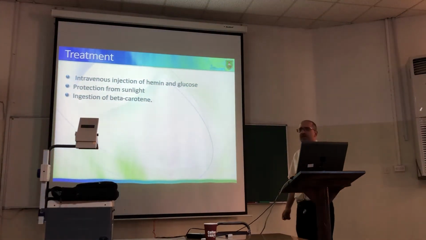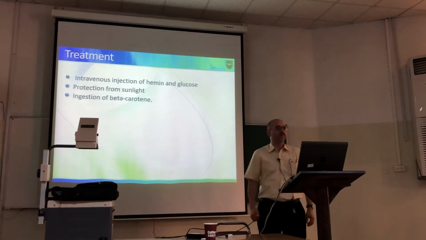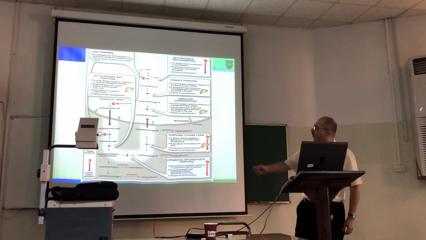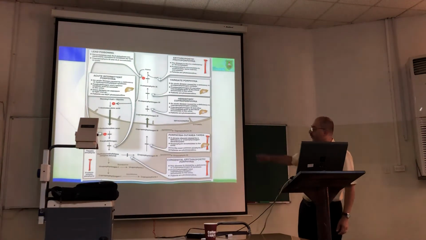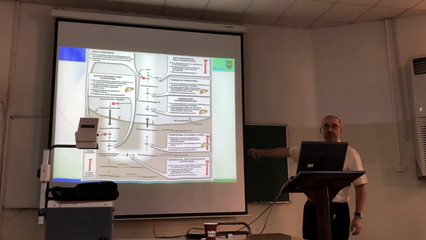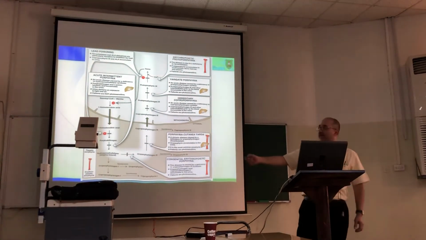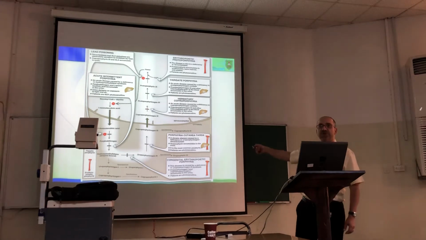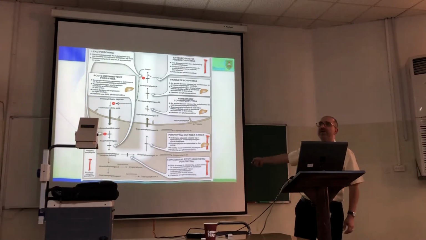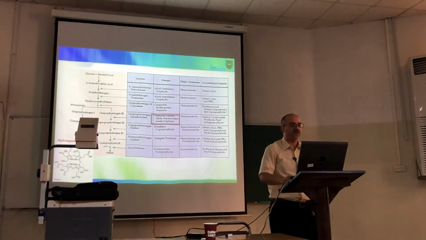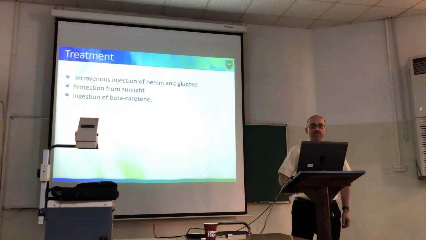Treatment, briefly: patients are given hemin. Why? Because hemin is actually the inhibitor of the very first reaction. They are given an intravenous injection of hemin so that they would not produce a lot of these intermediates that would accumulate as a result of defective enzymes.